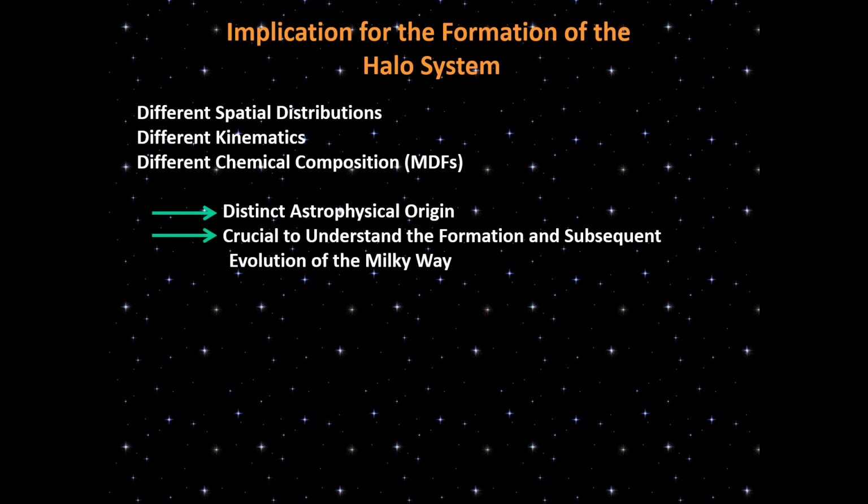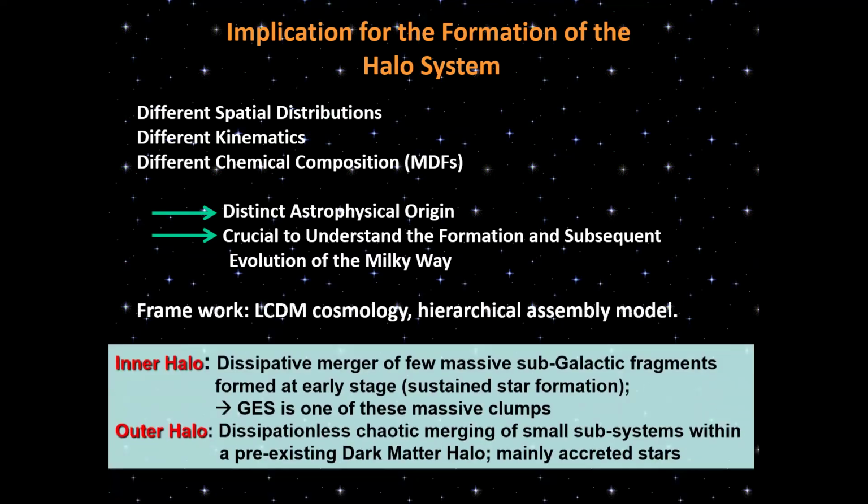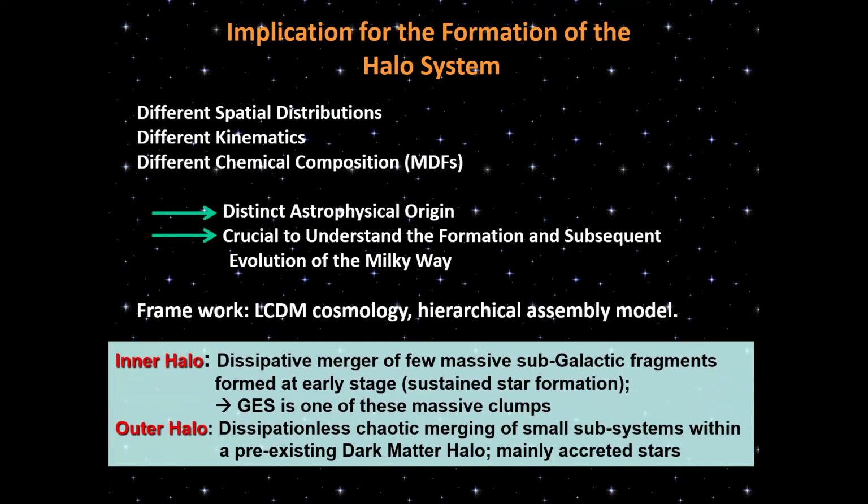So we said that because the inner and outer halo had such different chemo-dynamical properties, they formed in a totally different way. What we say is that the inner halo formed through a dissipative merger of a few massive subgalactic fragments, or let's say satellite galaxies.